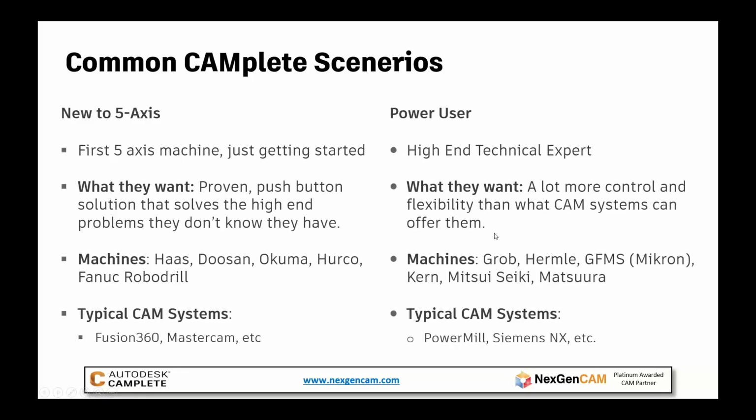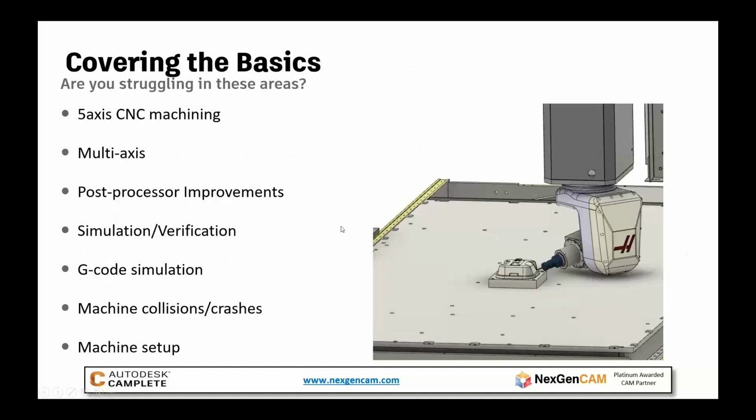So these are the two main groups of customers, but in the end, they all have the same needs, which are really articulated around post-processor, code generation, and being able to identify issues and make sure they are detected before they make it to the machine. There's nothing worse than having a machine entirely set up, the parts set up, the tooling set up, pressing cycle start, and getting 10 lines in and having an error. Now you have to troubleshoot this, and you're not spending time making the part, but more so troubleshooting the process.